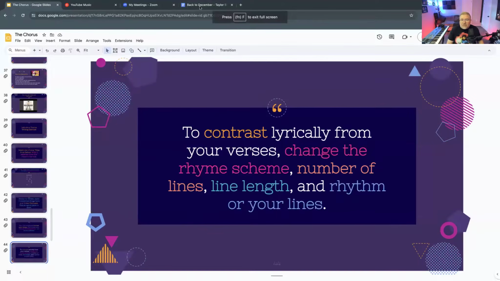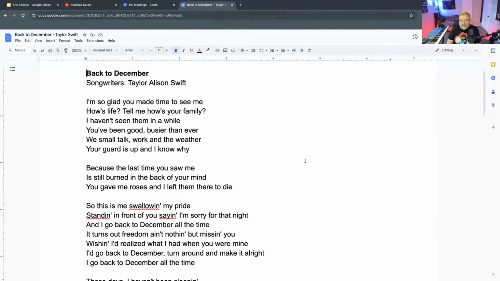So if we look at Taylor's song again, her verse has 6 lines, her pre-chorus has 3, and then her chorus has 7. So each section has a different number of lines. The rhyme schemes are different. This has an AAB CCB rhyme scheme.